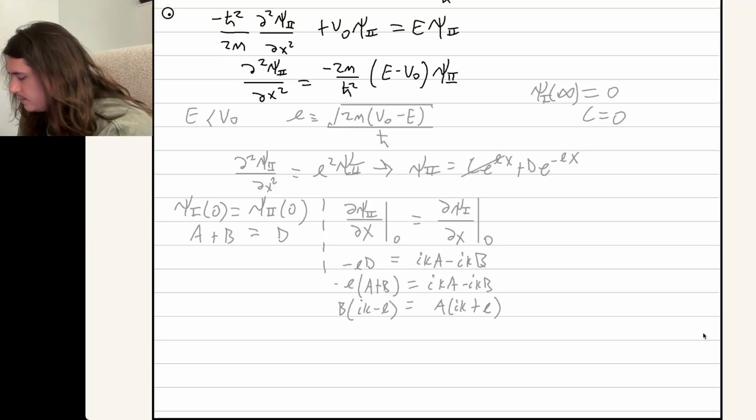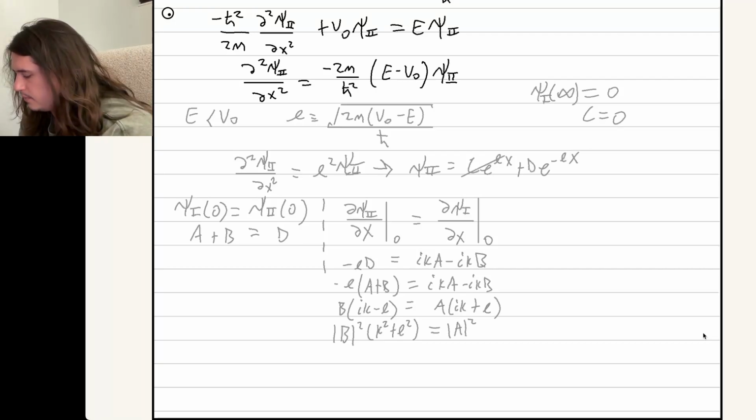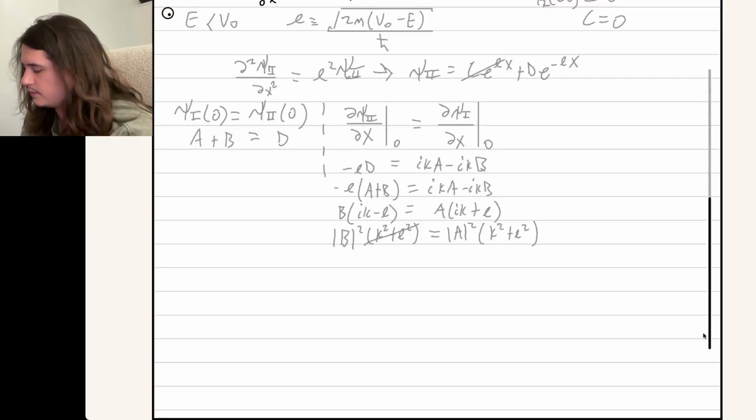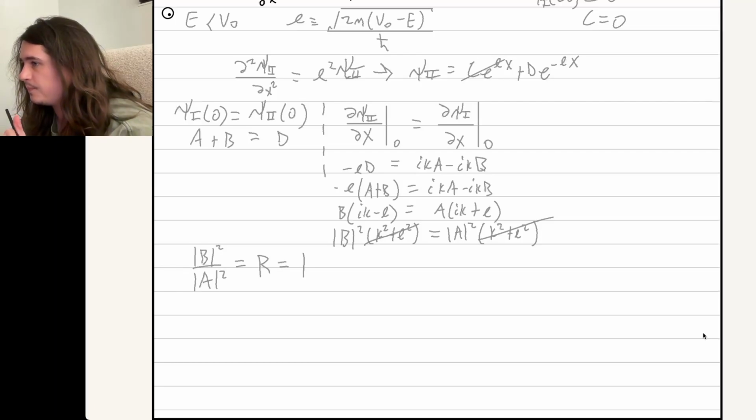Pretty cool stuff. If you take the square modulus of both sides, then you just get the same term for both, because it's k squared plus L squared for both of these. So those terms cancel out, and we get that B squared over A squared, which, by the way, is the reflection coefficient, is just 1.